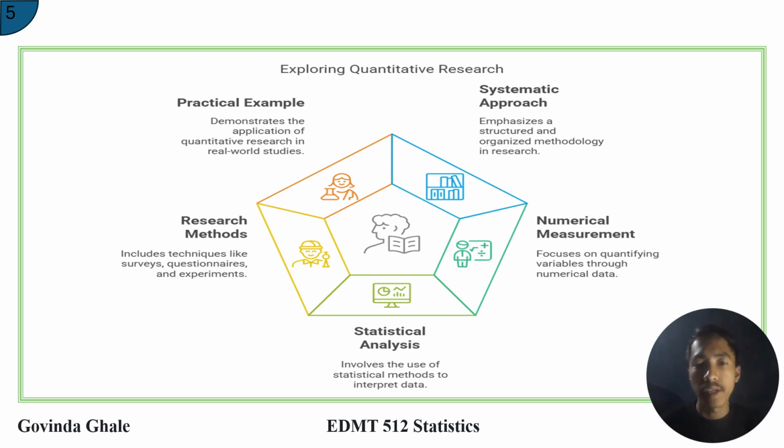And numerical measurement means it focuses on quantifying variables through numerical data. It also emphasizes structured and organized methodology in research. Its use in practical examples demonstrates the application of quantitative research in real world studies.